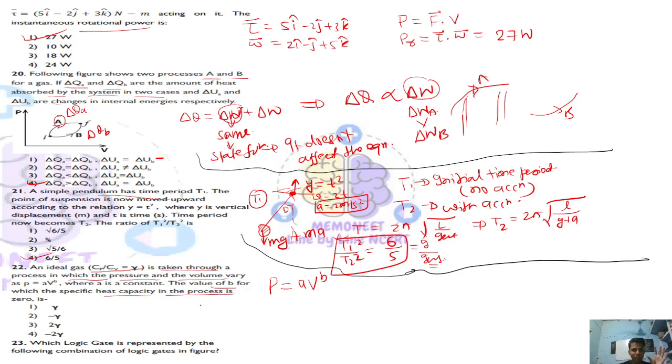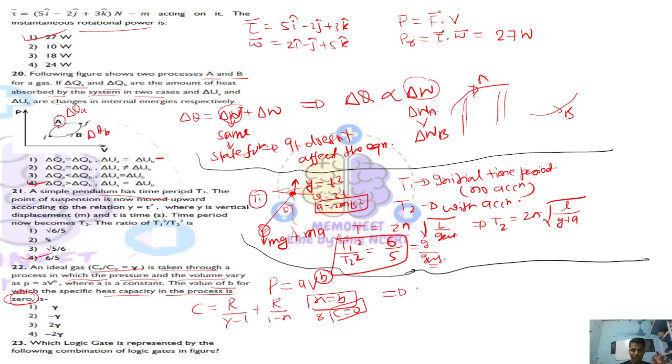For a general or polytropic process, the specific heat capacity is simply written as R upon gamma minus 1 plus R upon 1 minus n. Here n is equal to B as the power, and putting C equal to 0 as the question asks, the specific heat capacity should be 0.